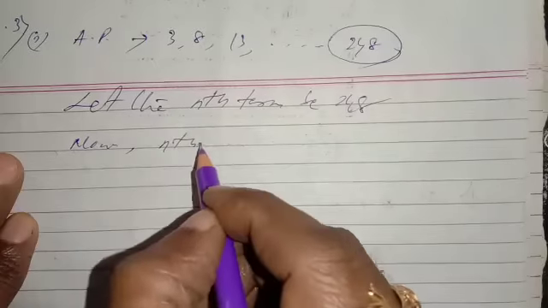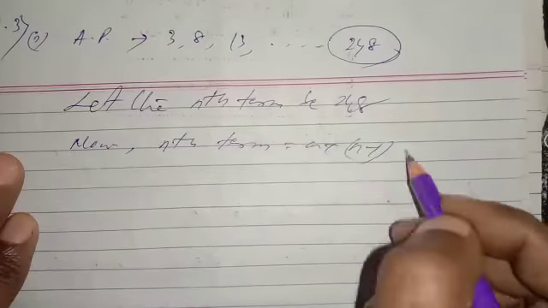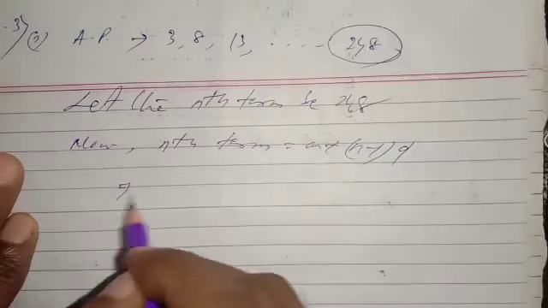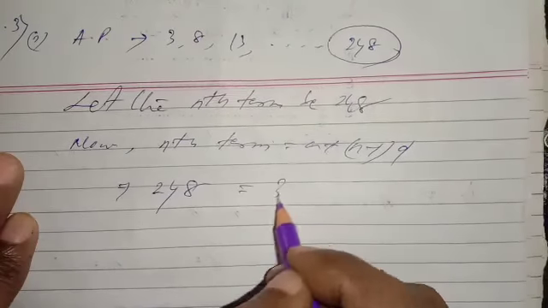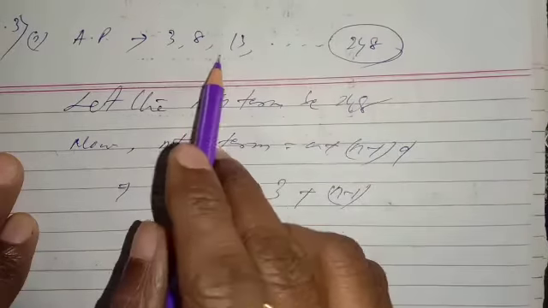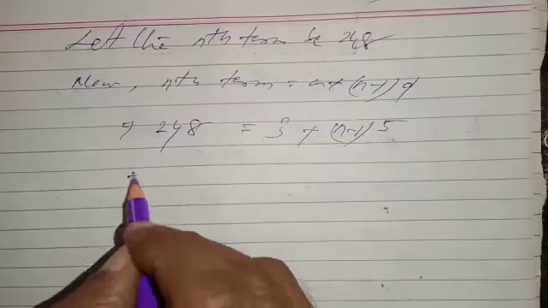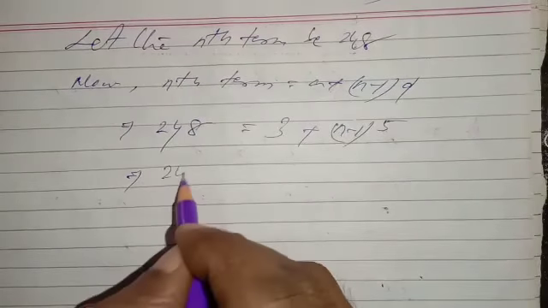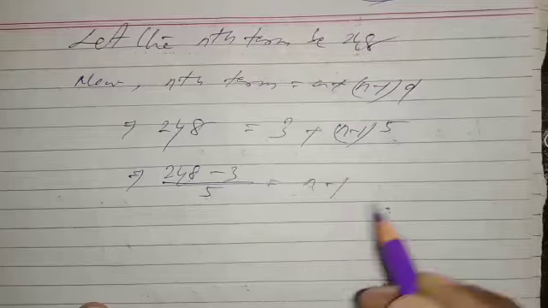Now the nth term formula is what? A plus (n minus 1) d. The nth term here, as per the question, I have taken 248. A is here the first term, that is 3 from the series. For (n minus 1), the common difference is coming here 5, gap means 5. Yes or no? Now 3 bring this side, 248 minus 3 divided by 5 will give you n minus 1.